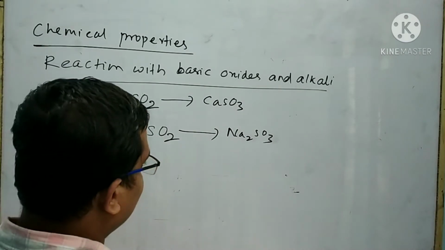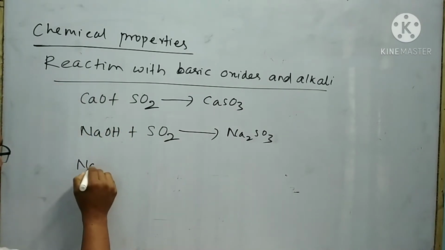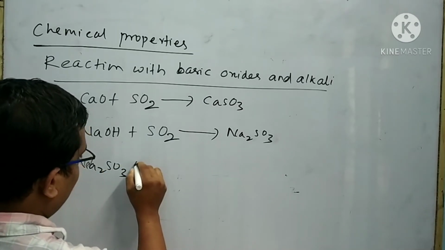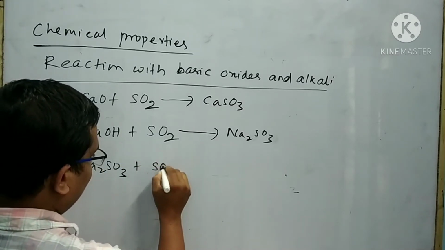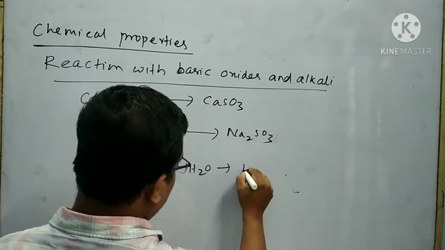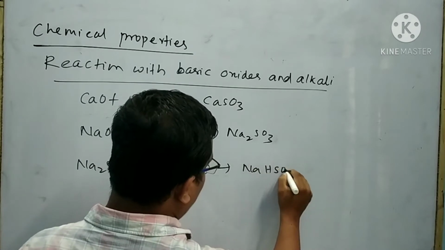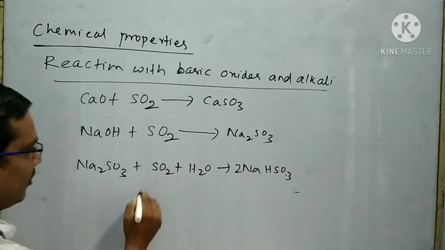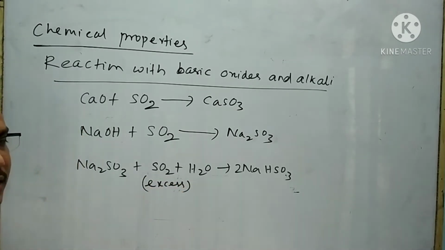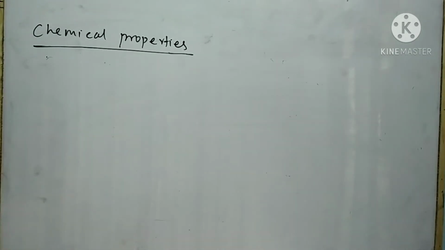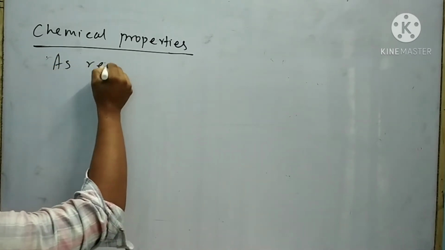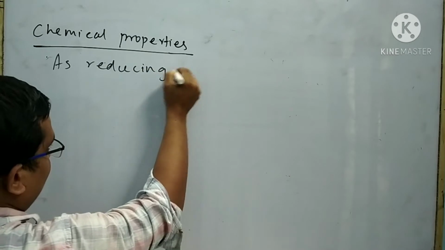Remember an important reaction: when sodium sulfide reacts with excess sulfur dioxide and water, then sodium bisulfite is formed. Here sulfur dioxide is taken in excess amount. Next chemical property is reducing agent.